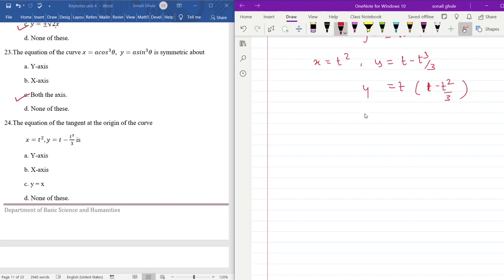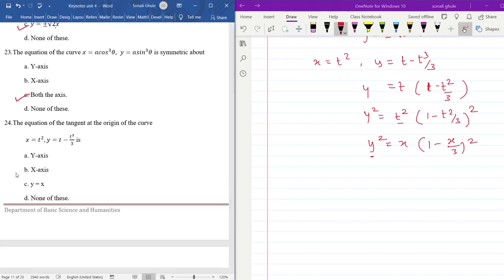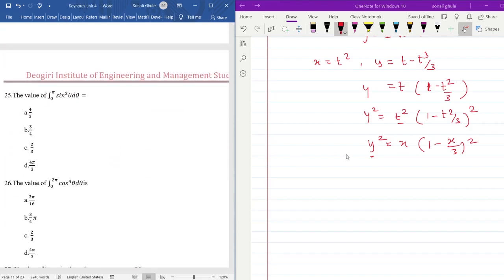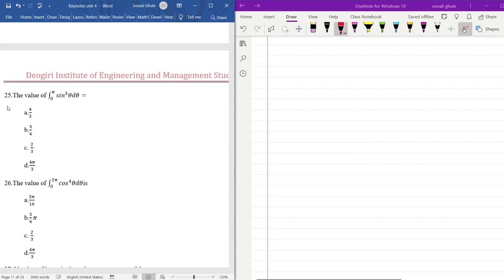Okay, then if we square here y whole square, squaring the term here, we get this term. Then replace your t square by x, 1 minus x by 3 whole square. And as you can see, only y having even powers. So symmetry is about x-axis. Is it clear? I hope you all understood. Let's solve your next example.